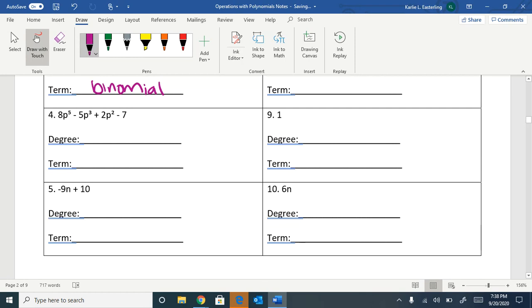For number 4, our highest degree is 5, so we are looking at a quintic. And we have 1, 2, 3, 4 terms here, so we are looking at a polynomial with 4 terms.